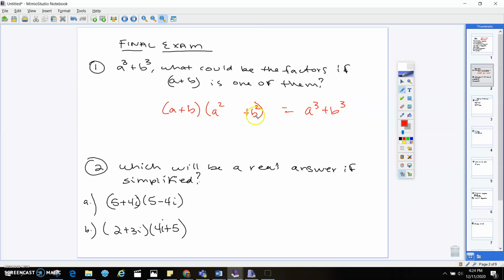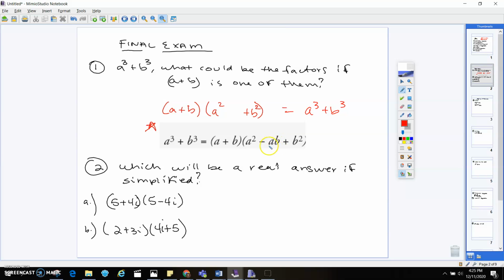Now, if we multiplied this out right now, there would still be something else going on in here. This is the sum of cubes, so there's a formula for that you should already know. I'm going to show you that in just one second. This is the identity that you should probably have memorized.